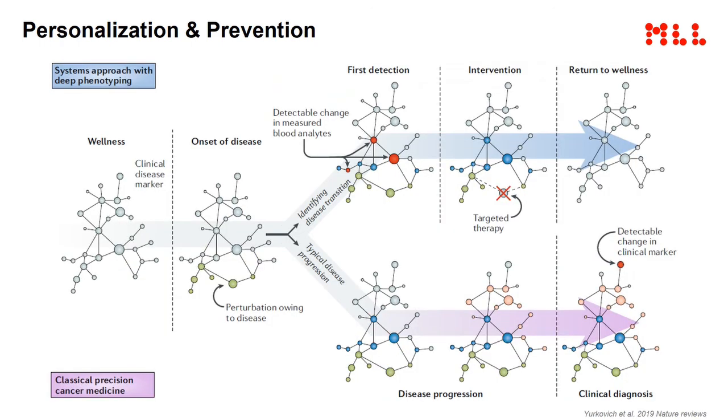Because we hopefully are here at the stage of wellness, but something is going wrong, and normally this is the typical way that the disease moves forward, and then the clinical diagnosis can be made. Now, we would be interested in the near future to see if we can detect first changes and then try to intervene by targeted therapy to get back and return to wellness.